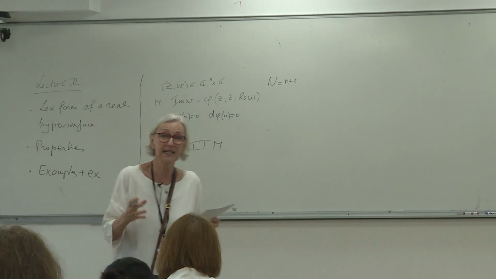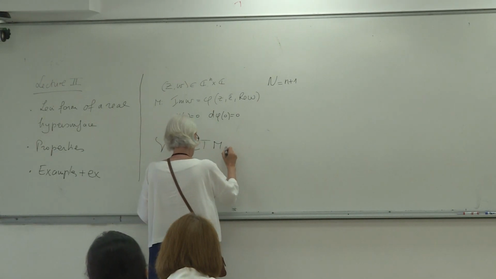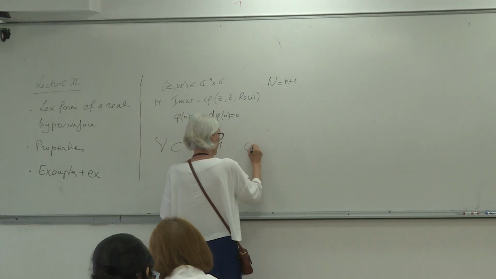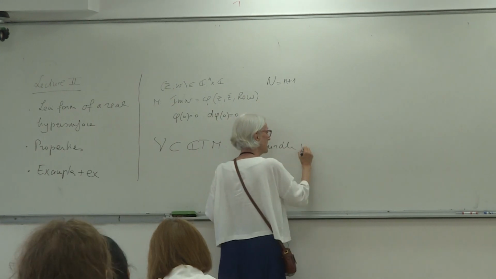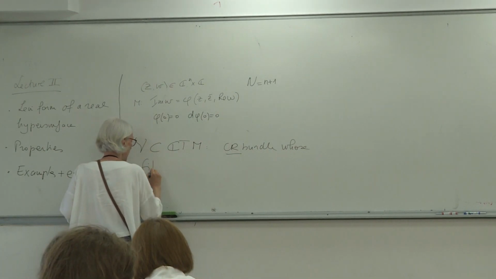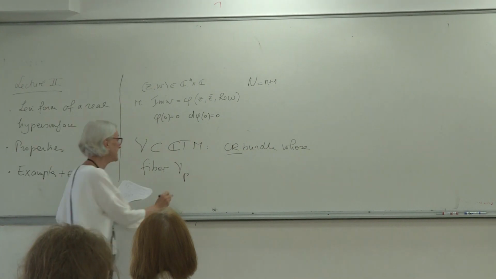And I recalled nu, we complexify the complex tangent bundle. It's going to be a CR bundle. Its fiber is exactly what we saw yesterday. Its fiber at p, you remember nu p was what?